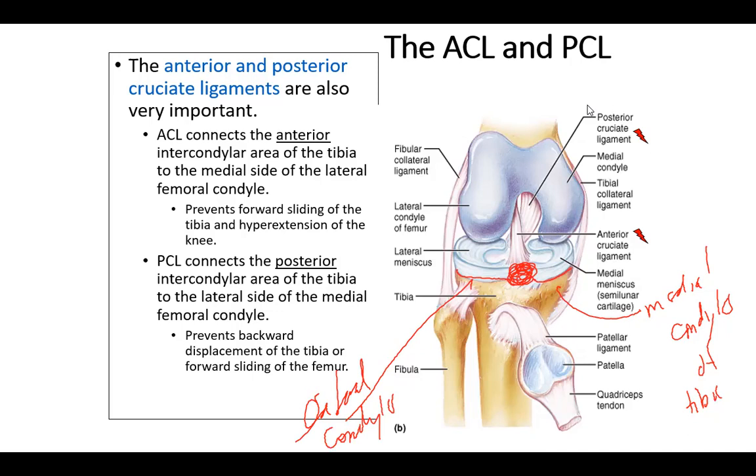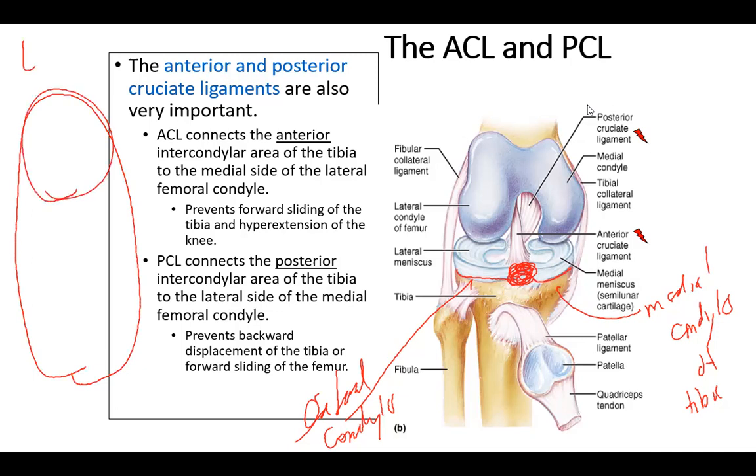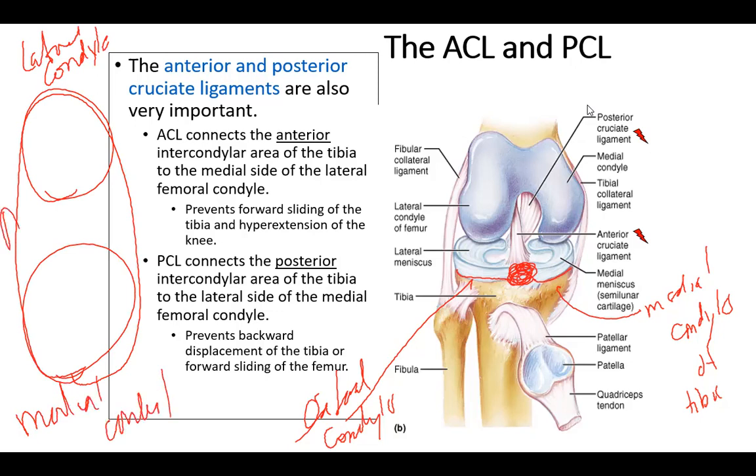The posterior cruciate ligament attaches on the opposite side of the tibia on the posterior space between the two condyles. So if we're looking at the tibia from the top down, and here's the lateral condyle here, and there is the medial condyle here, the ACL attaches here, and the PCL attaches back here.